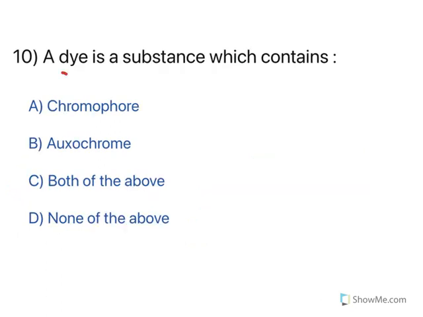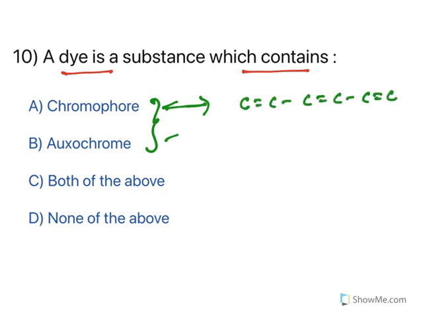Now, a dye is a substance which contains, now understand this one, the dye industries, the reason it is called a dye is it will produce an intense color. To get that intense color, it needs to have chromophore as well as auxochrome. Just now we have seen chromophore is a group which is responsible for absorption in UV visible region. That means imagine something has got this kind of group. Conjugated bonds are responsible for absorption in UV visible region.